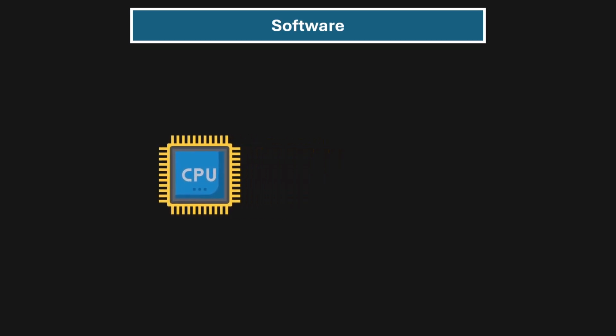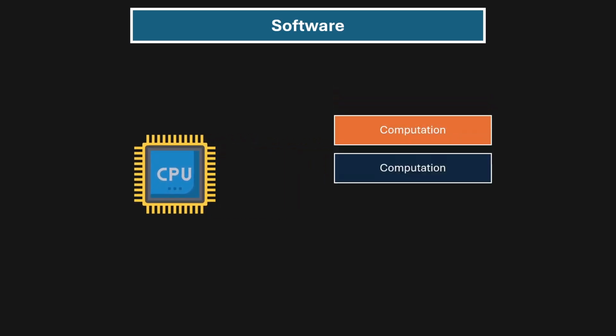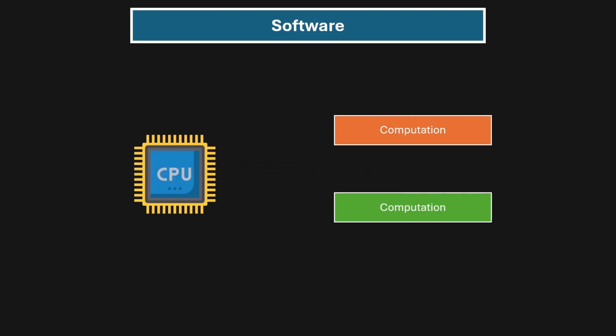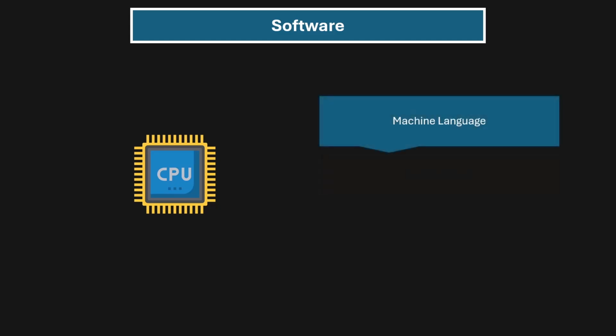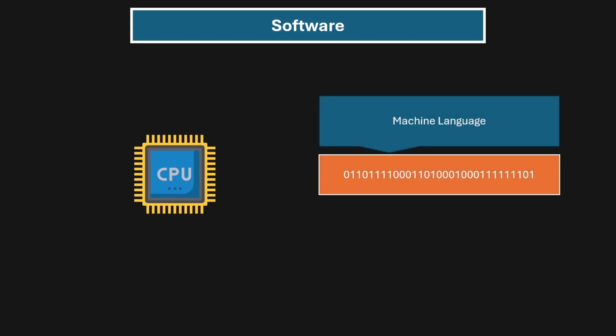Another important part of computer engineering is related to software and programming languages. In this part, now that we have a CPU, we need to tell it what to do or which computation to perform. The instructions that the CPU can execute must be expressed in a language, which is the machine language, also known as the zeros and ones language.